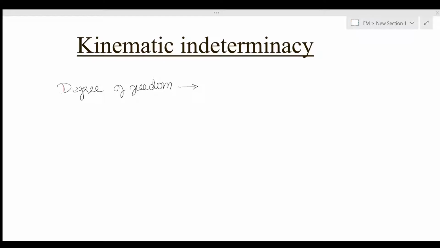So kinematic indeterminacy, that is degree of freedom. Degree of freedom is the number of independent translations or rotations that exist in a structure.